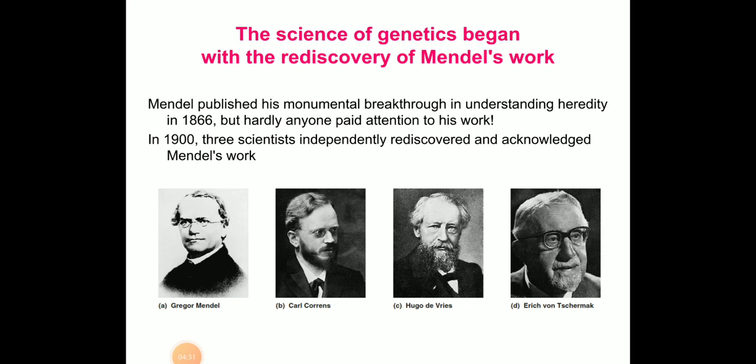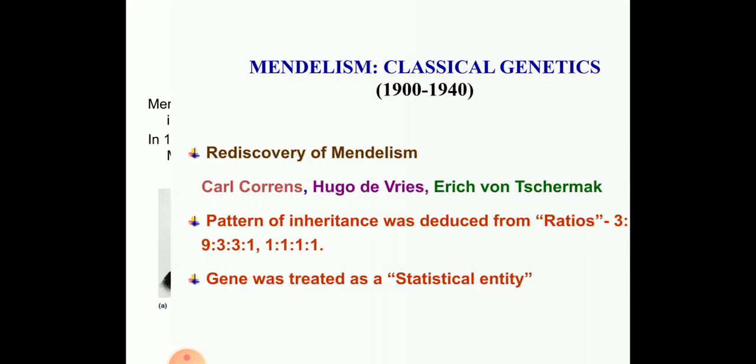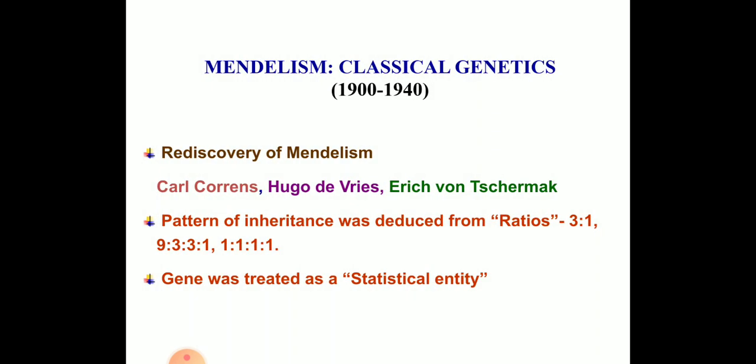These are the scientists who worked in the different eras of genetics: Gregor Mendel, Correns, Hugo de Vries and Tschermak. These are very important people who worked in the era of genetics. So that is how we have come across Mendelism, and we have completed the three important laws.